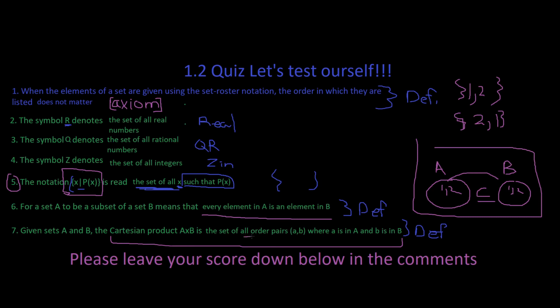All ordered pairs where a is in A, and b is in B, meaning the elements of the ordered pairs are contained in the set A and the set B. So you could think of it like that. This is more of a tangible way to understand it.